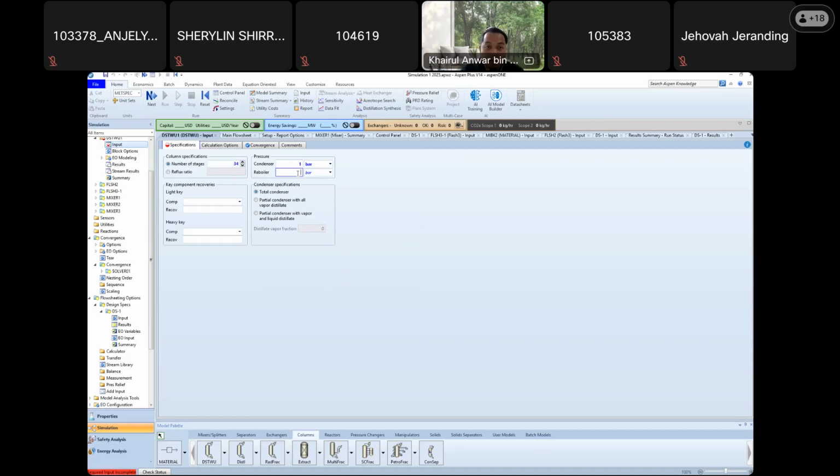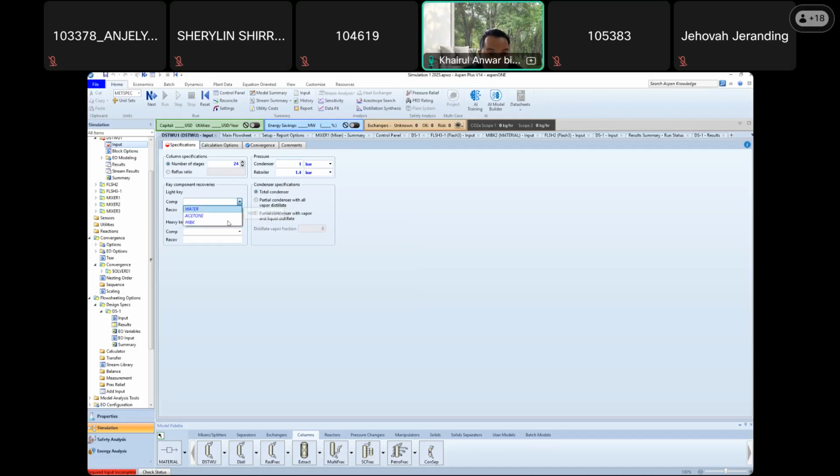The boiler is 2.5, so 1.4 bar. It's 24 stages, that's right.